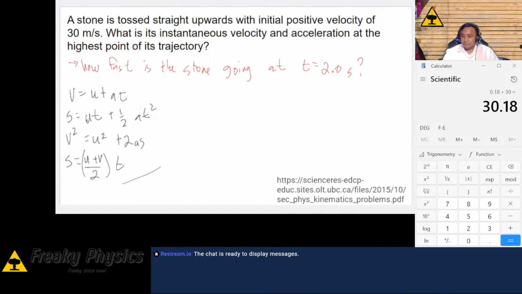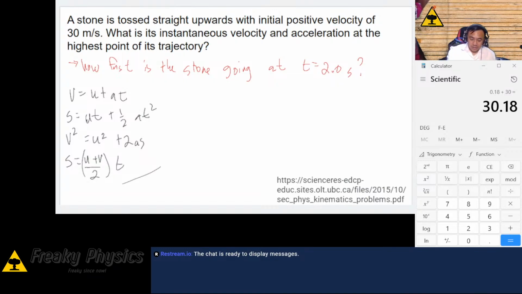Which equation do we use for the second one? The one about how fast the stone is going, right? So again, you set up the table so you can see which ones are not given. You're given an initial positive velocity, you're given t, and you're looking for how fast it's going.